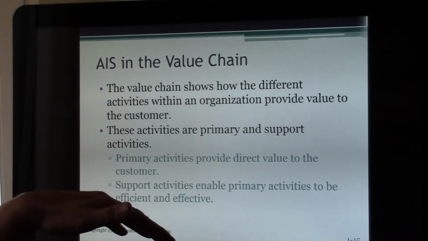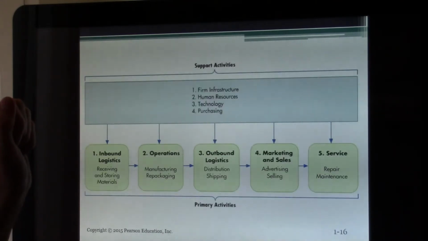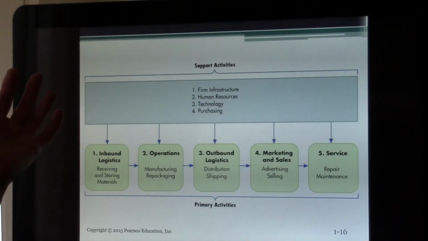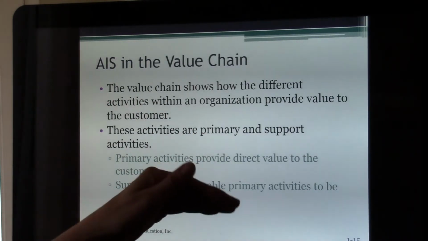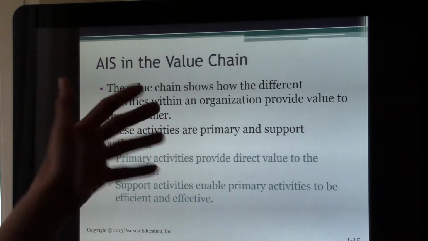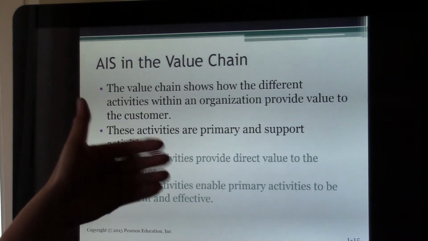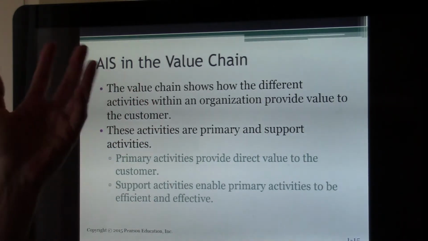Same thing, I'm not going to really talk too much about the value chain, but I think you need to get the idea that throughout the organization, there are activities that add value to what the organization does to make profits, right? So let's go back to HEB.